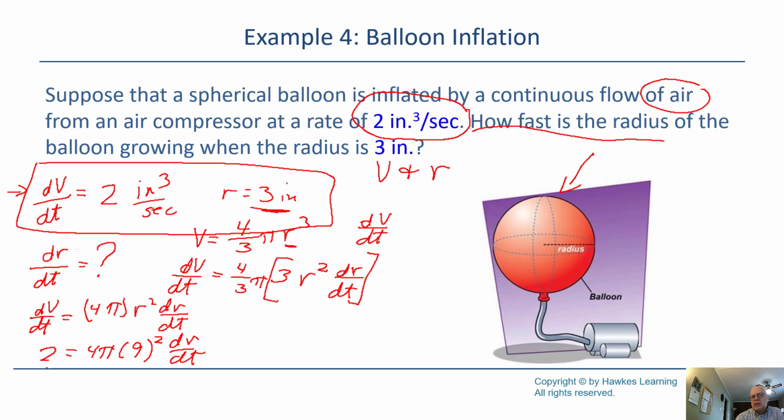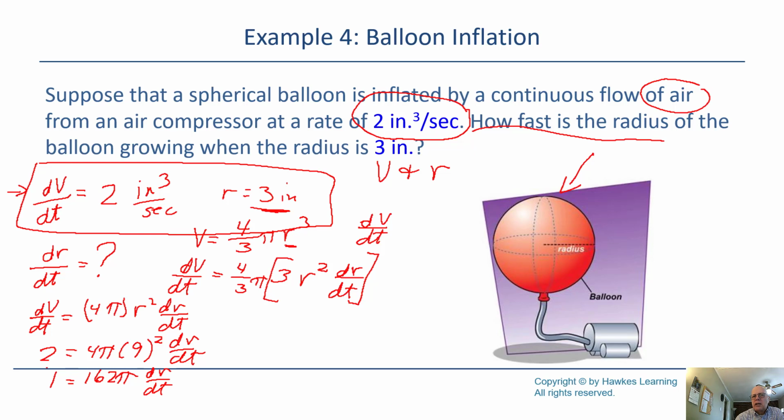We could divide both sides by 2 real quickly. So we'd have 1 over here, and we'll have 2 over here, and this is r squared, that's 9 squared, 81, times the 2 is 162 pi, 81 times 2, dr/dt.